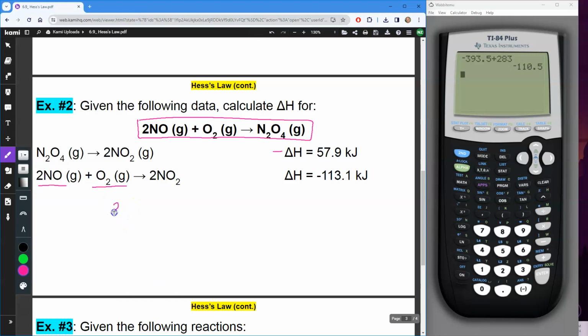So we have 2NO2 going to N2O4. So that's for equation number 1. And equation number 2, we have 2NO plus O2, and that goes to 2NO2.